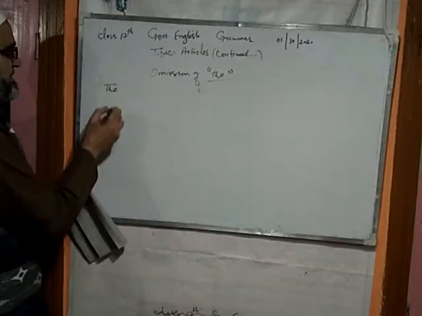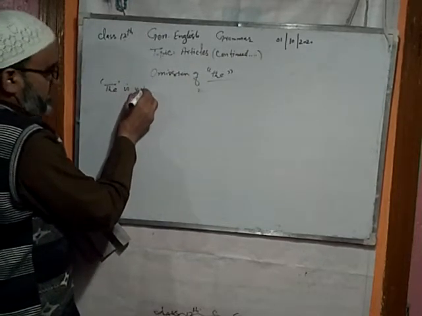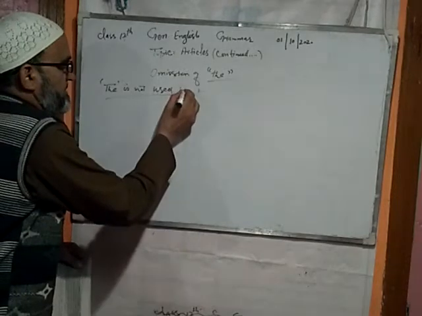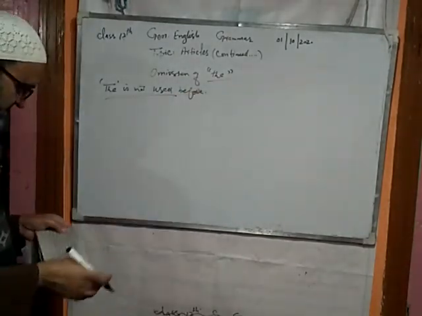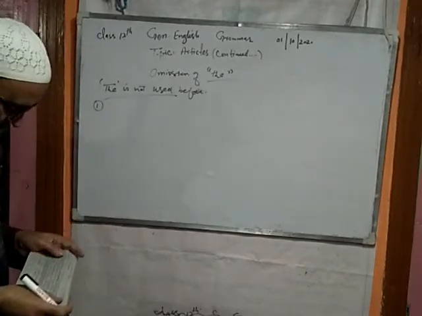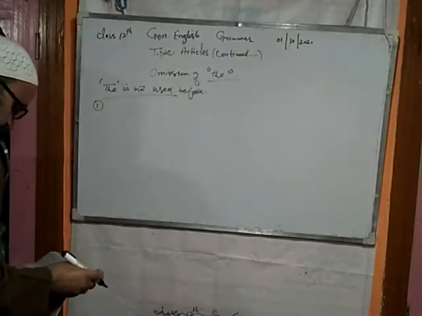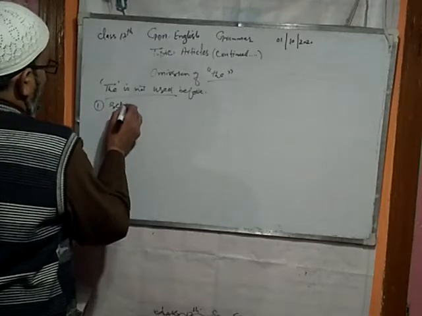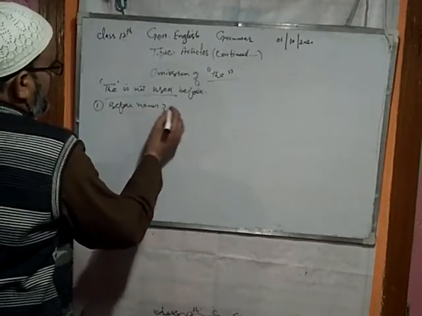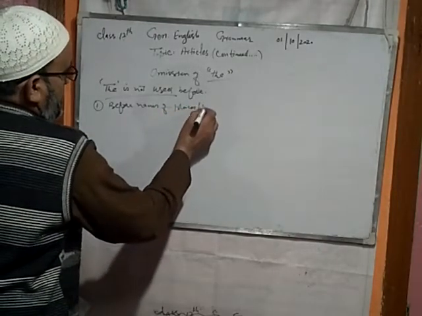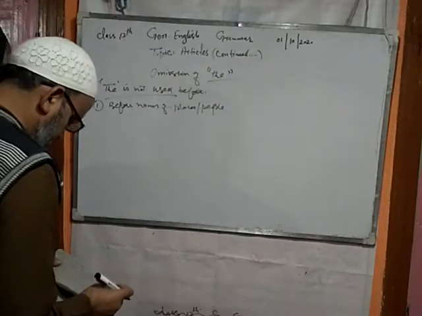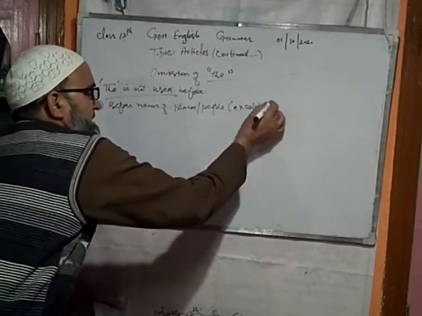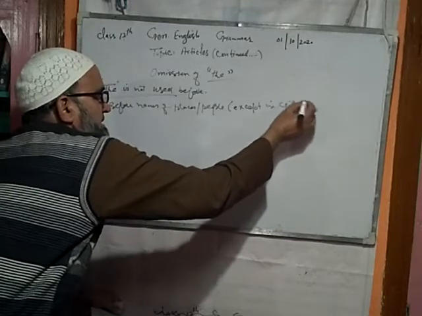The definite article the is not used before, number 1, names of places or names of people, except in certain special cases.